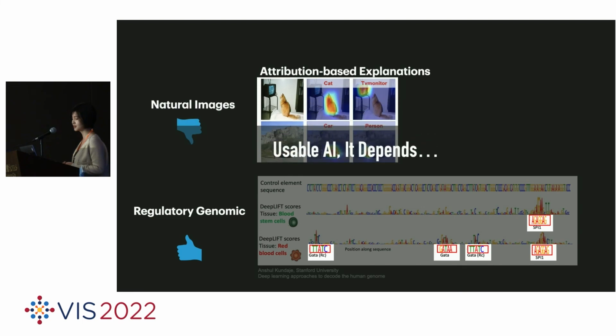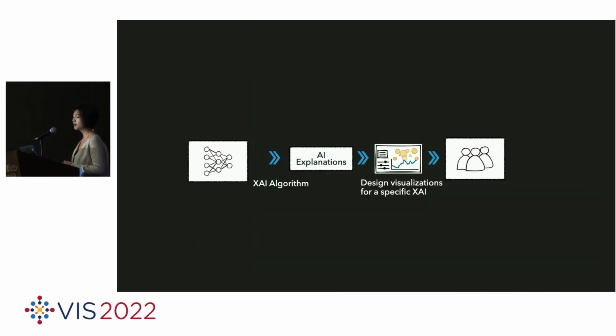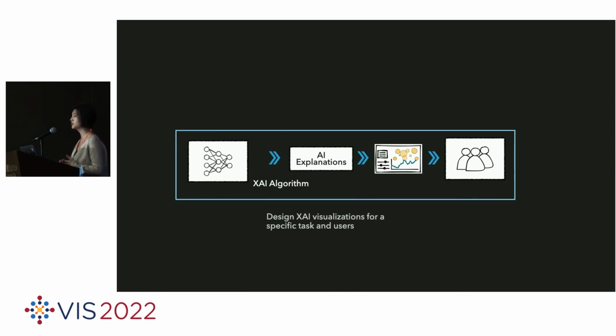In other words, which explanations work or do not work is extremely data type and application domain specific. Therefore, when designing tools for domain users, we should not just visualize the results of a popular AI explanation, but consider the user's needs, the usage context, and the type of explanations all in the design process.